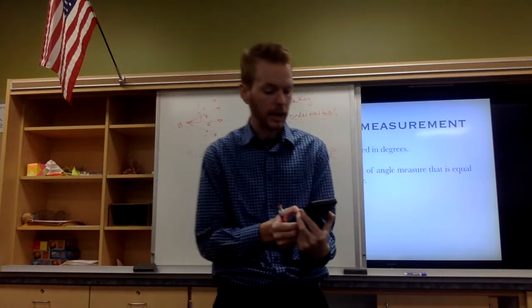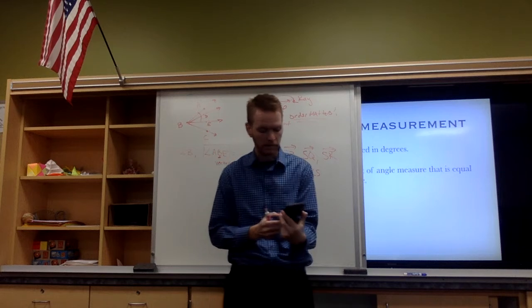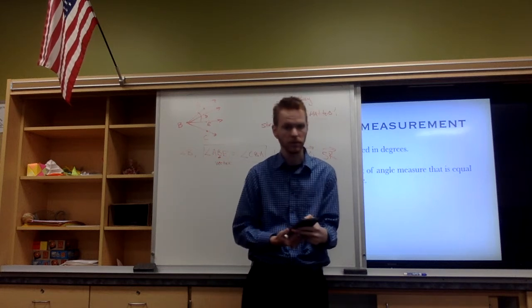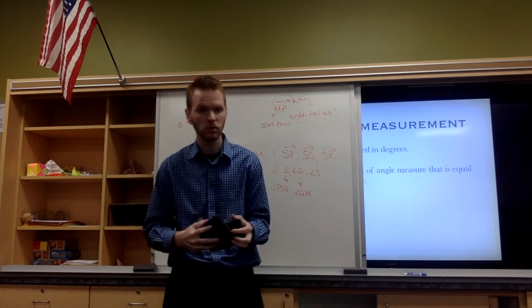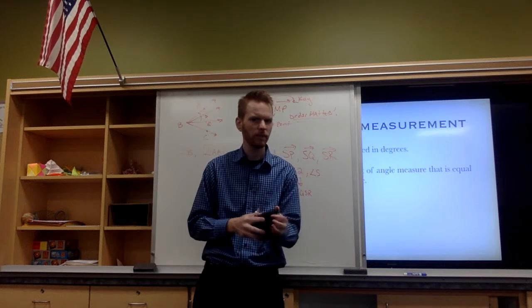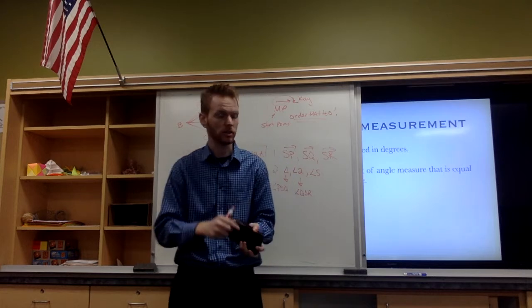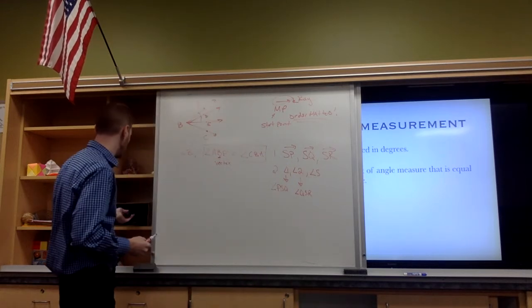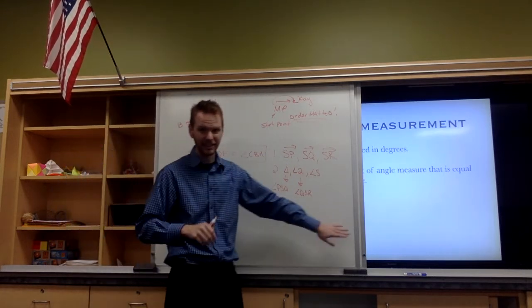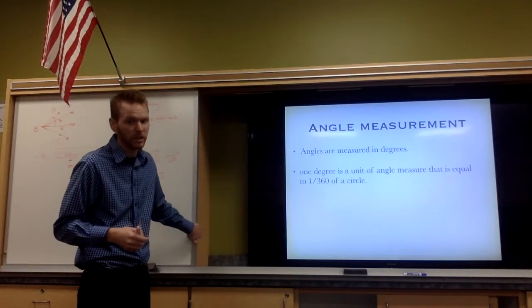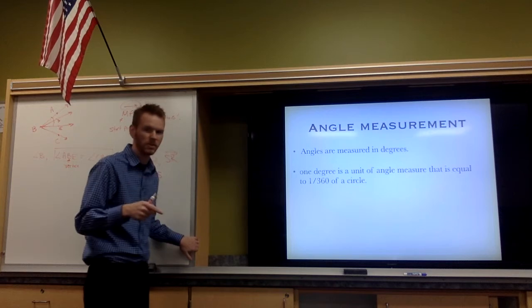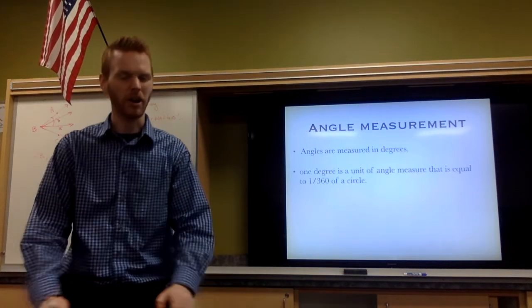Mine says radian is highlighted, so I'd flip over to degree to make sure my calculator is measuring in degrees, okay? If you have a scientific calculator, you'll see DEG usually at the very bottom of the screen. If it says RAD, then you have to change it to degrees, okay? So just a small little calculator lesson for you, because if not, when you get to trig and you start doing trig functions, your measurements are going to be way off.